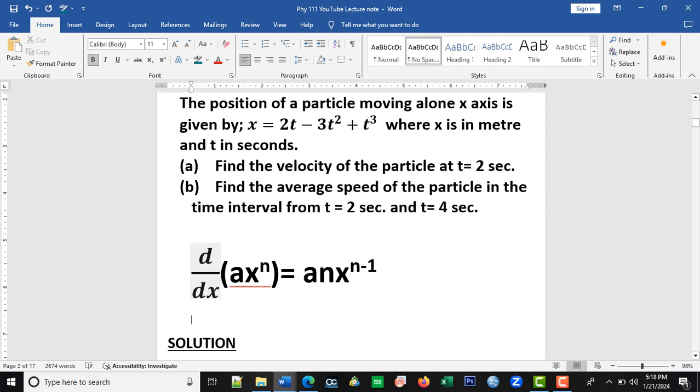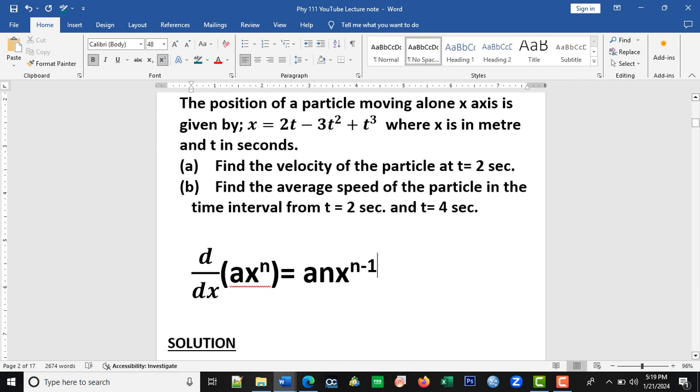This symbol is the symbol for derivative, and a here is a constant. It's a number. It's a constant. And also n here is a constant. So if we have a particle such as x, and we find the derivative of this, it will give us a n x to the power n minus 1.